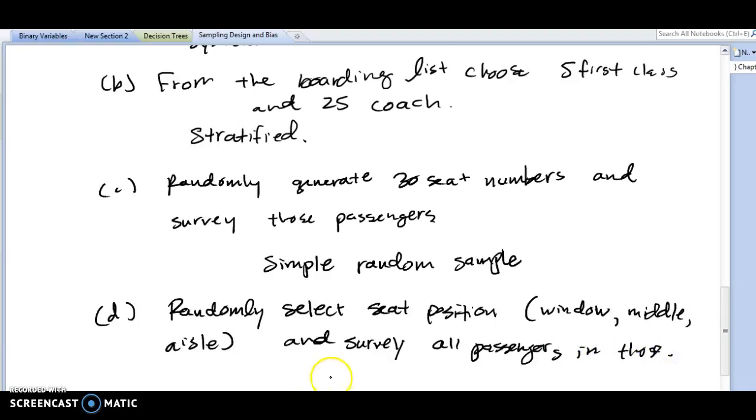And this is going to be an example of doing a cluster sample.